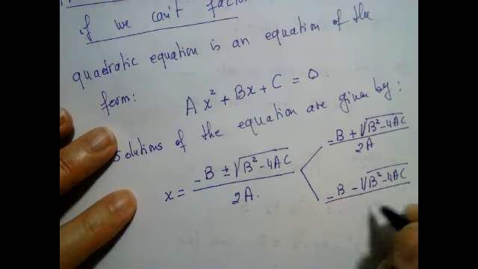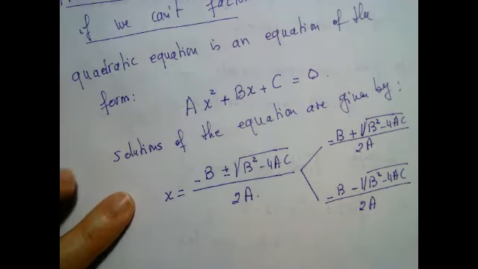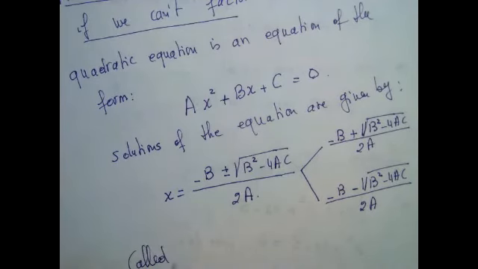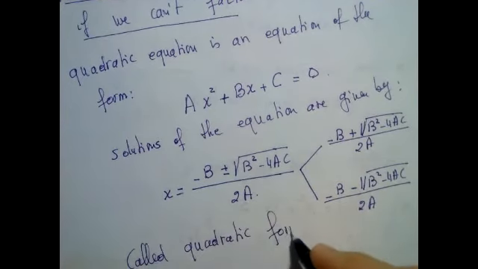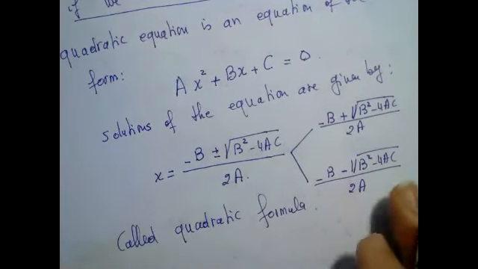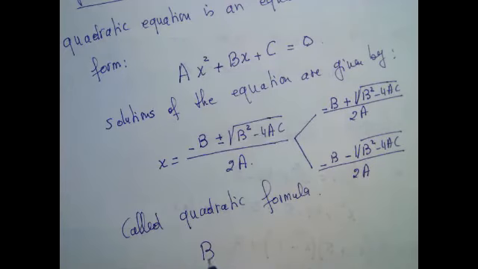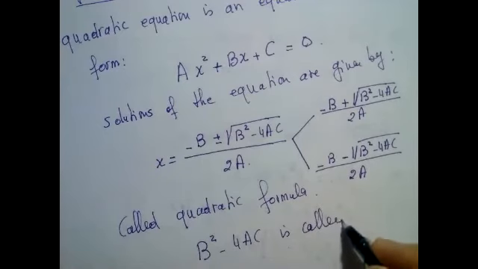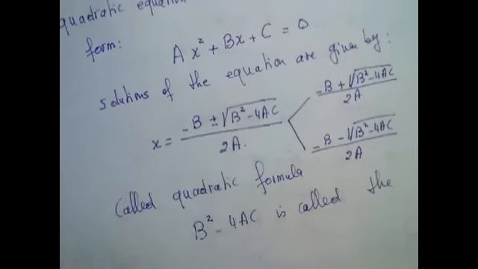So if we want to solve and we can't factor, we have to use what we call the quadratic formula. I'm sure most of you have seen it back in high school. And the expression b squared minus 4ac is usually given a name, and it's called the discriminant.